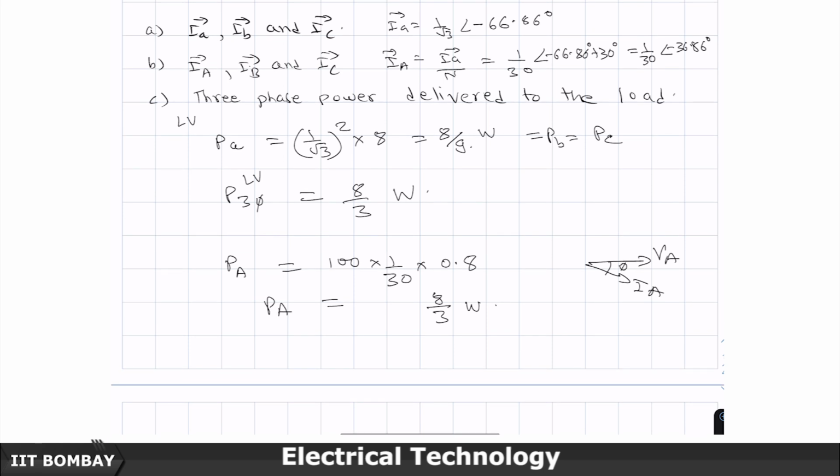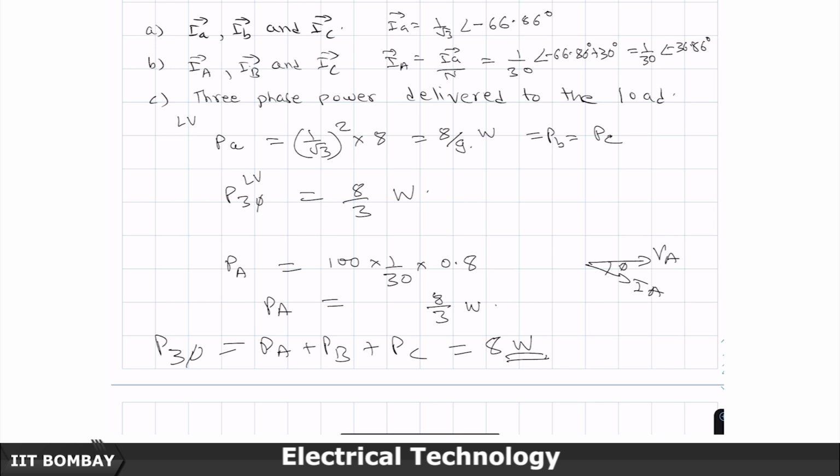So PA is 8 by 3 watts. So PA plus PB plus PC, the P3 phase is going to be equal to 8 watts.